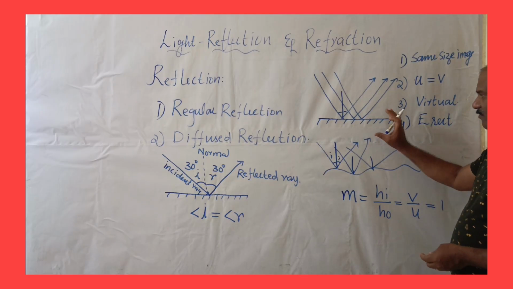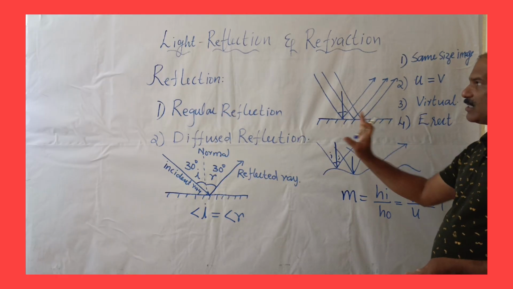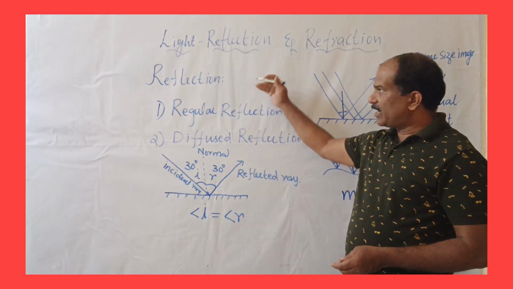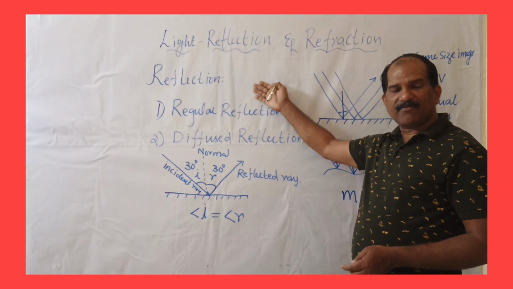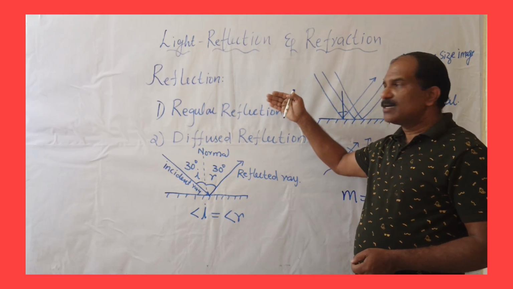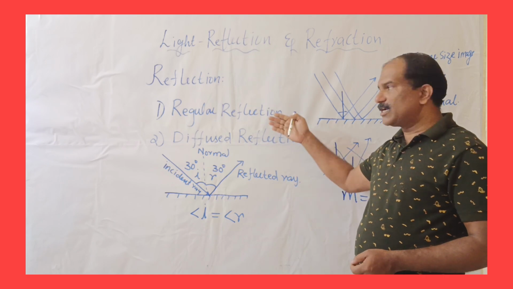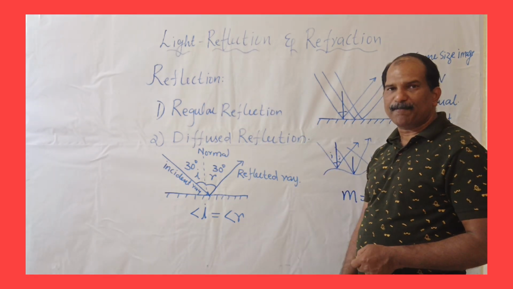So these are the first introductory things from our light lesson. Today I told you what reflection is. Reflection is nothing but the bouncing back of light from a surface. Second, there are two types of reflection, regular reflection and diffused reflection.